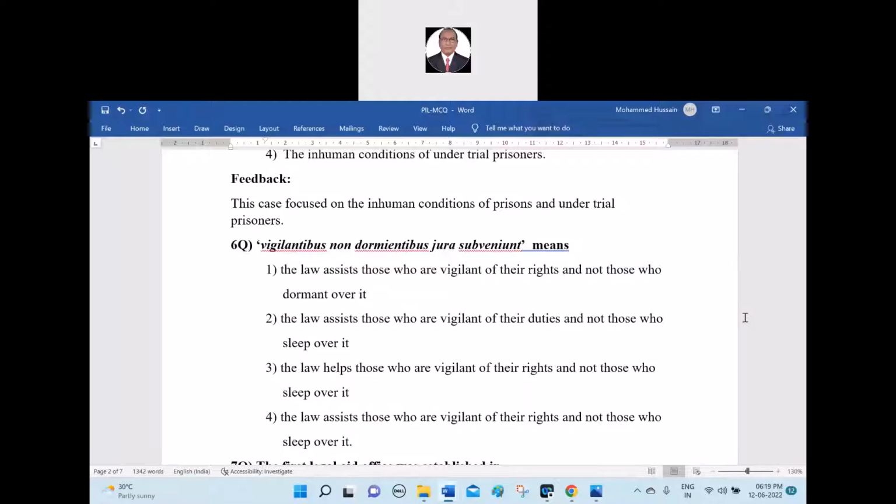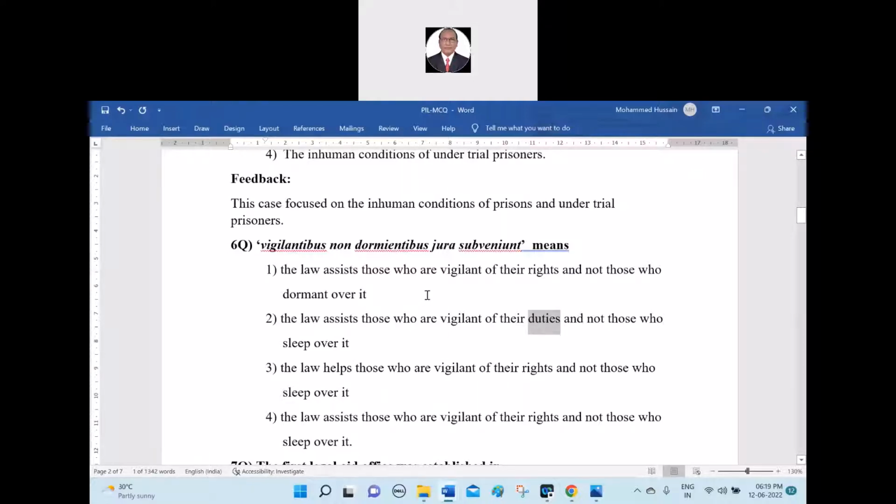The fourth one is the right answer. The law assists those who are vigilant of their rights and not those who sleep over it. I made some changes: I said helps here, but there is no question of helps, it is assist. And here what I changed is duties, but it is rights, not duties.